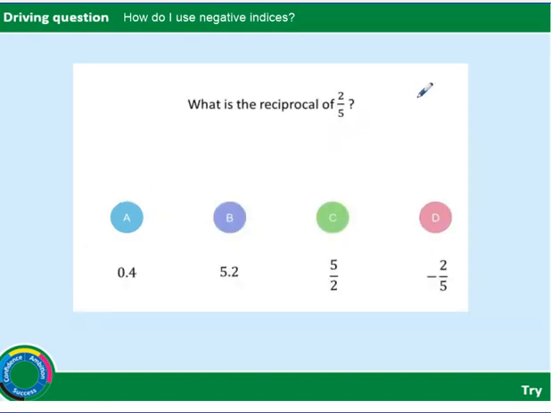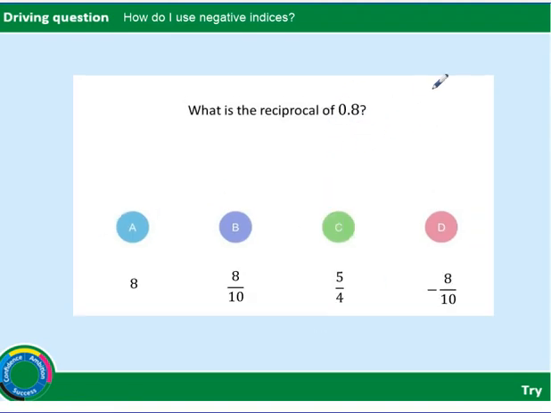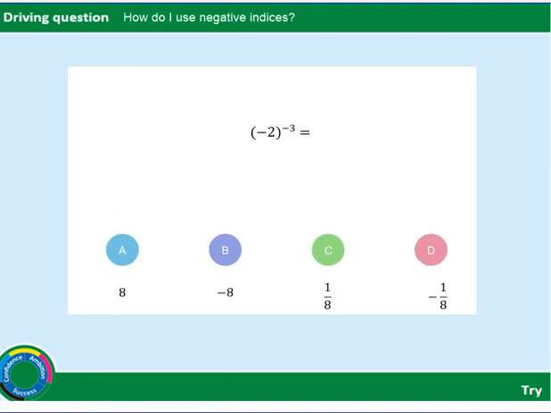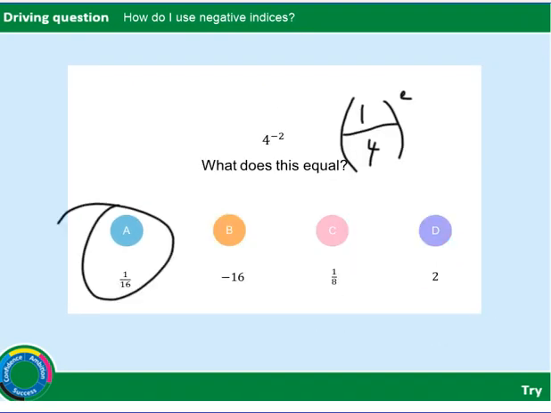The reciprocal of 2/5 is 5 over 2. We've just flipped the fraction. The reciprocal of 0.8, well 0.8 is the same as 4/5. And the reciprocal of 4/5 is 5/4. We've done that question already. Yes, we've done that one, so we'll skip it.